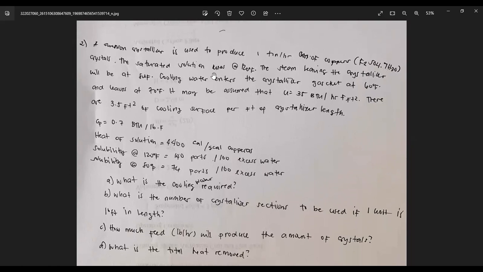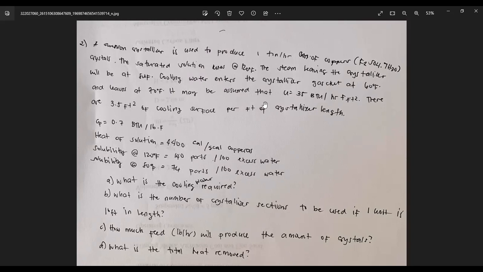Now, the saturated solution of copperas is introduced into your crystallizer at 120 degrees Fahrenheit. The stream leaving the crystallizer is at 80 degrees Fahrenheit. Cooling water enters the crystallizer at 60 degrees Fahrenheit and leaves at 70 degrees Fahrenheit.